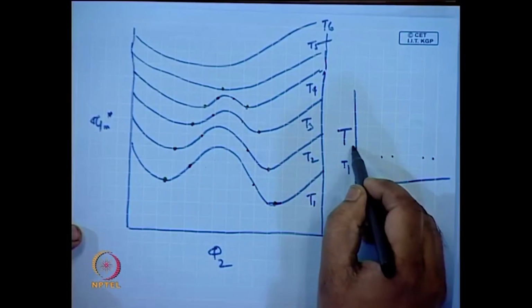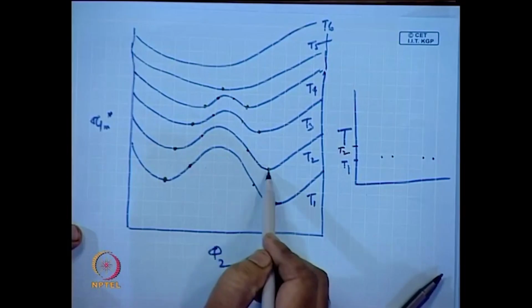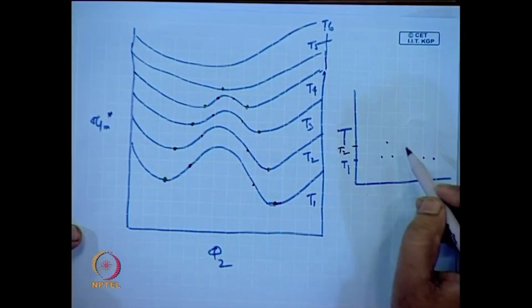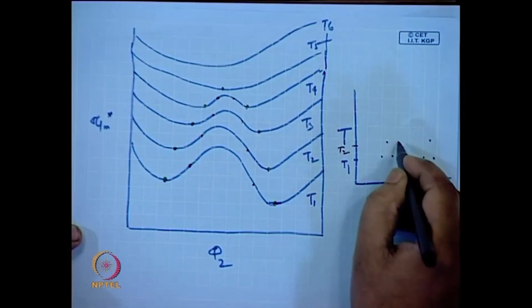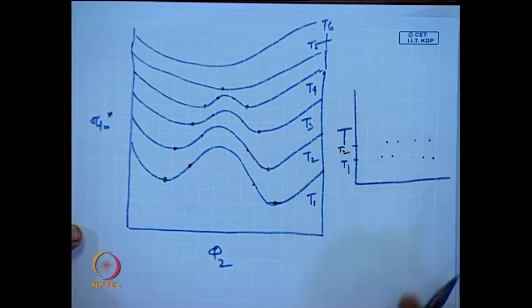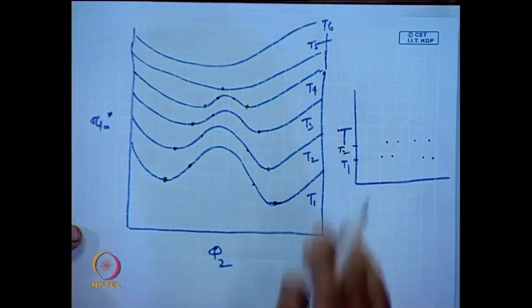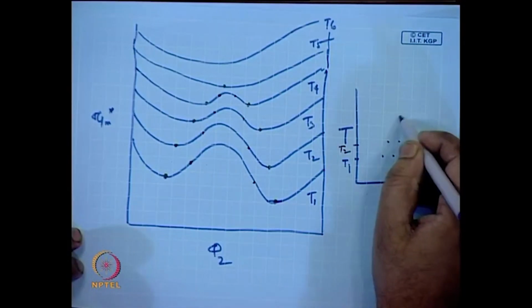At T2, you again have the binodal points and these two are the spinodal points. So, you have binodal points here and spinodal points here. Like that you plot T3, T4, T5, T6 and so on. Finally, you get these points.